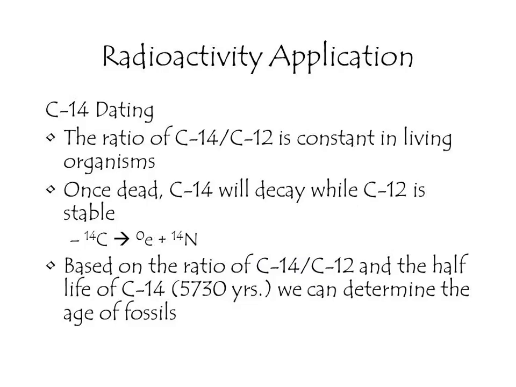Another example of radioactivity is called carbon-14 dating. This is how we determine how old certain fossils are, and it's basically the ratio of carbon-14 to carbon-12 that's in living organisms, and we just determine the age of fossils.